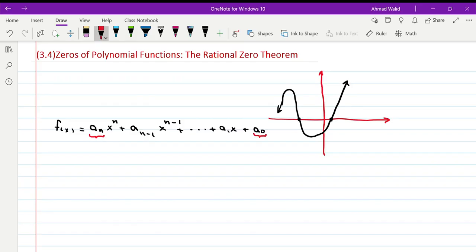Now, the rational zero theorem is about finding all possible zeros. Remember, all possible zeros of a polynomial function.